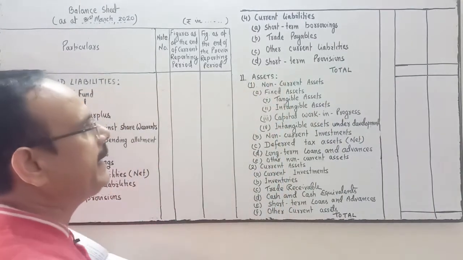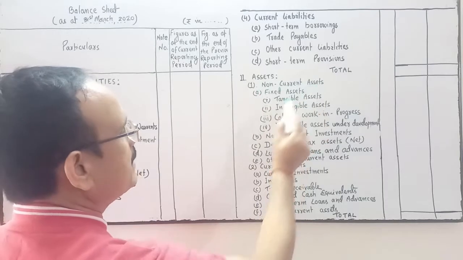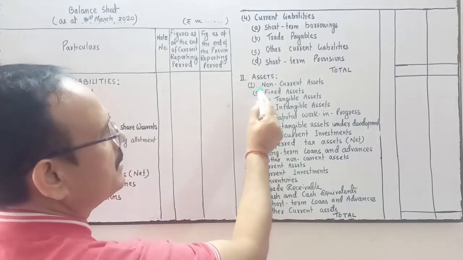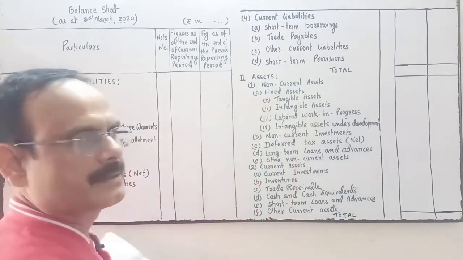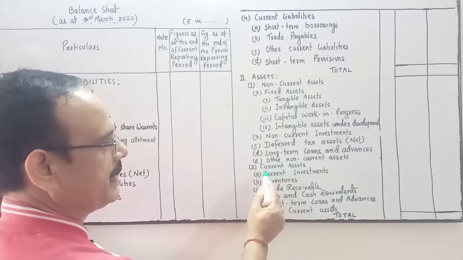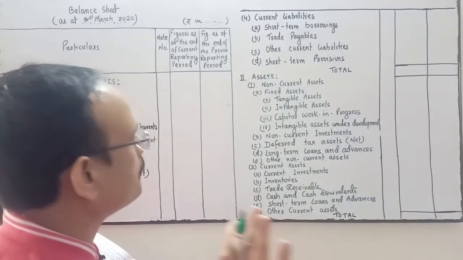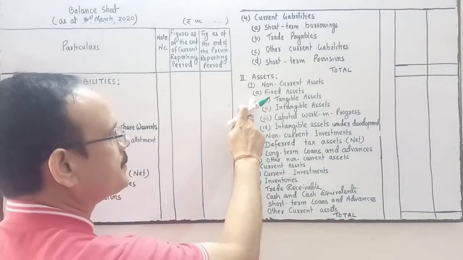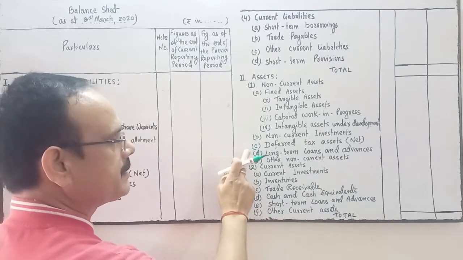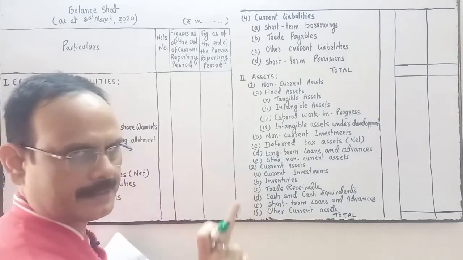Now assets. In assets, there are the 2 types of assets. Number 1 is non-current assets and number 2 is current assets. These 2. First one is non-current assets. Second one, current assets. Under the non-current assets, there are 5 assets: fixed assets, non-current investment, deferred tax assets, long-term loans and advances, and other non-current assets.